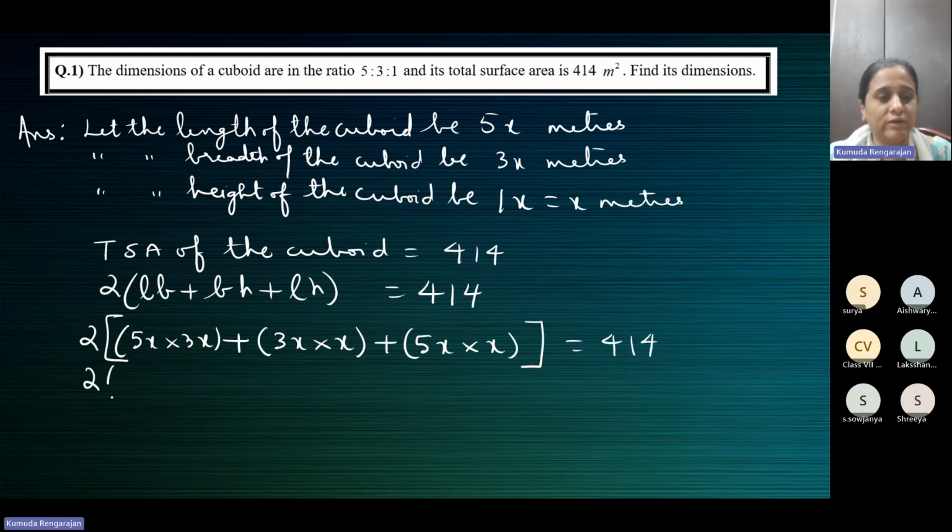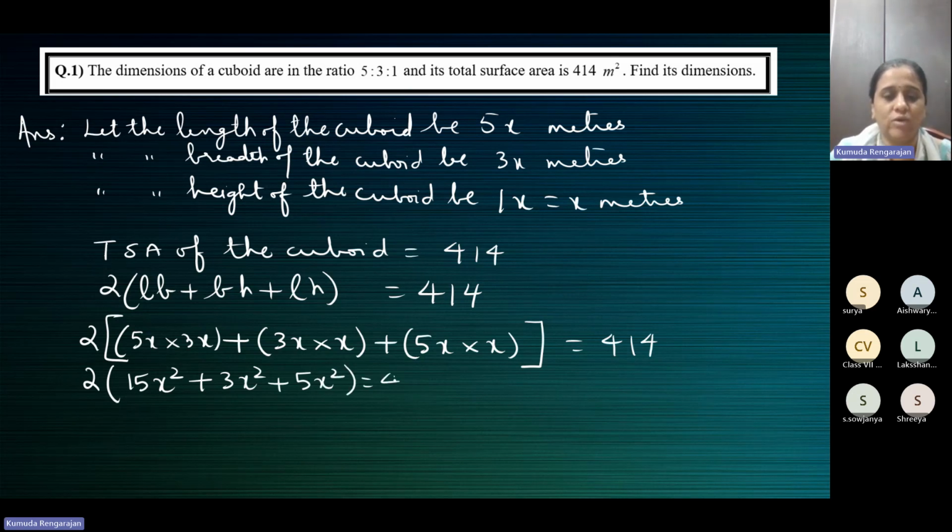So 2 into (5x squared plus 3x squared plus 5x squared) is equal to 414... Now you can bring this 2 down for division. Inside the bracket, we have 3 terms and all are x square terms, so they're like terms, which can be simplified.